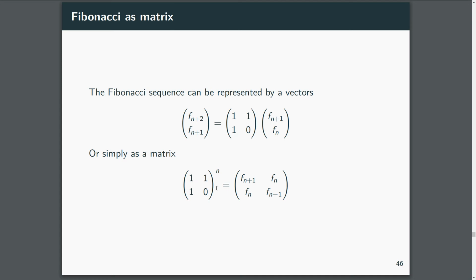And we can raise the matrix to a power, so like the power of n. So if we use fast exponentiation, we can calculate this in O of log n time.